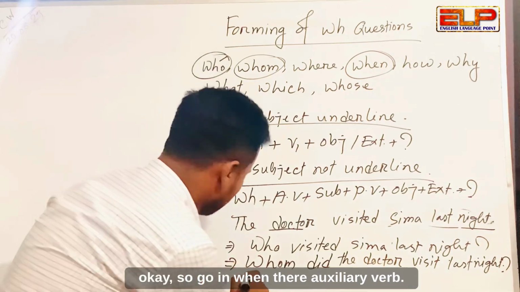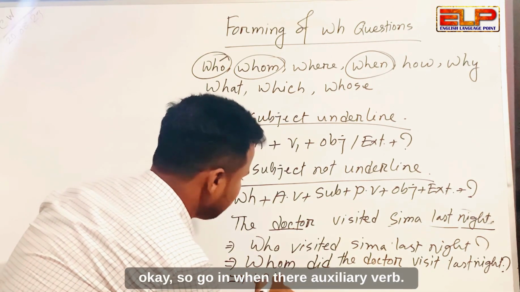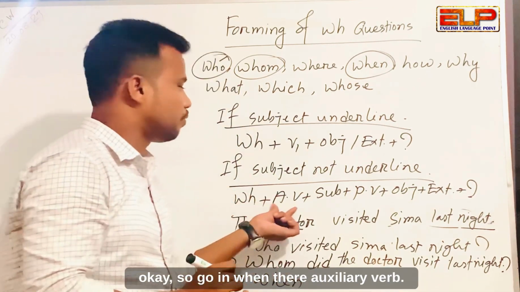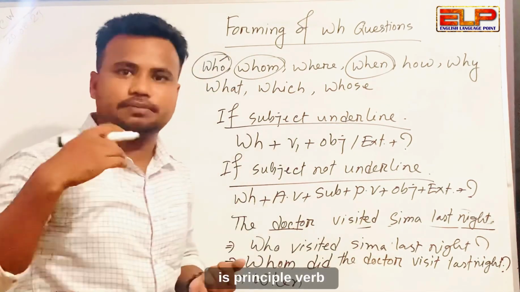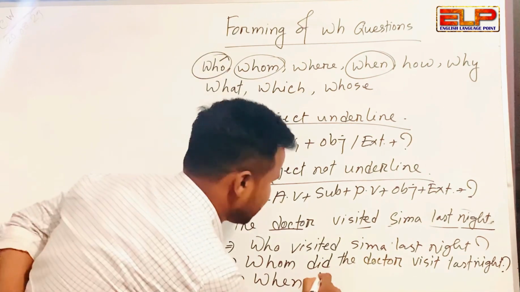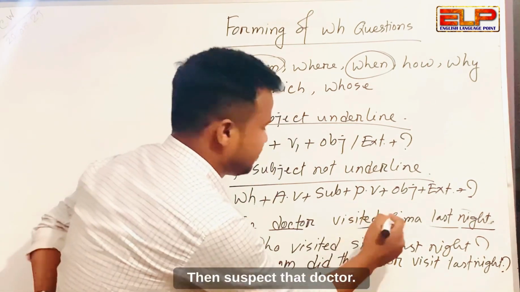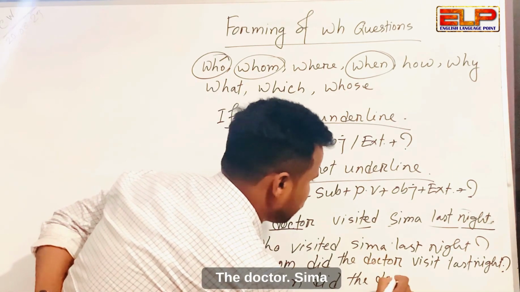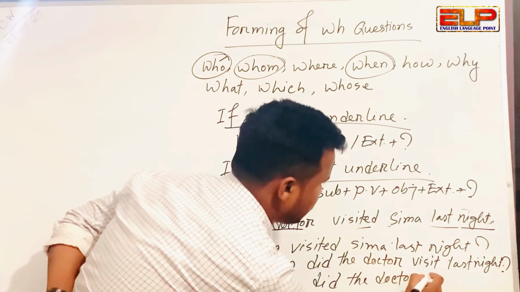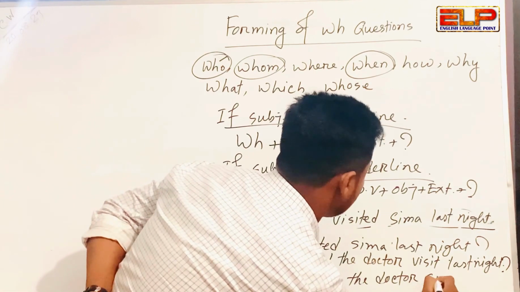Okay. So there is no auxiliary verb. We can see visited is verb 2, then we must use did. Did, then the subject, the doctor. Then Shima.